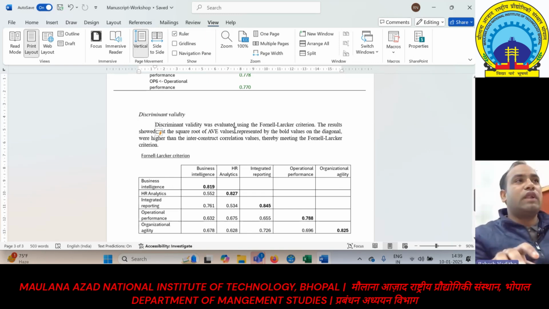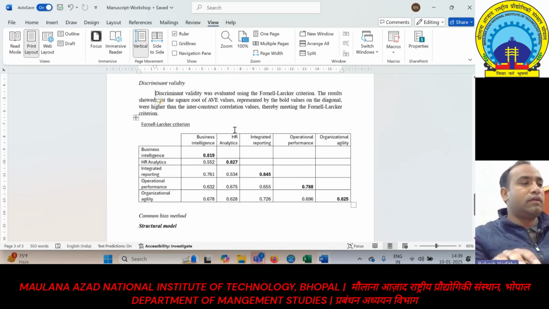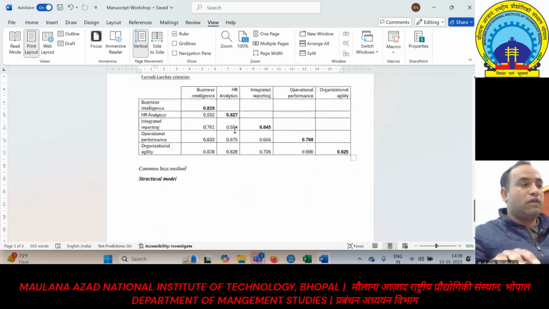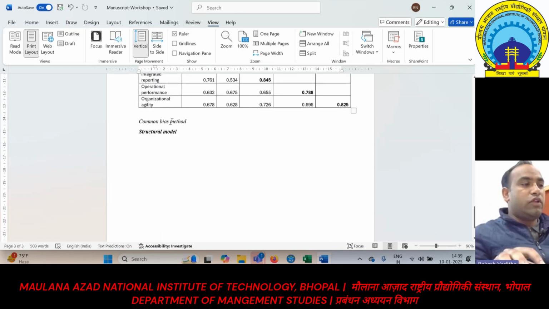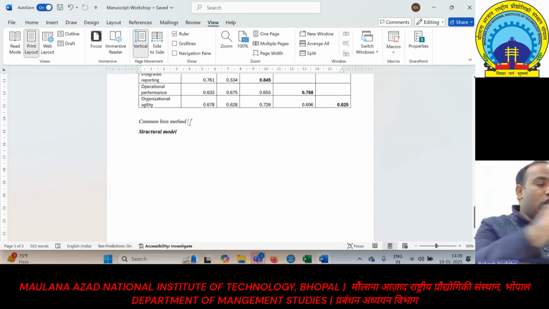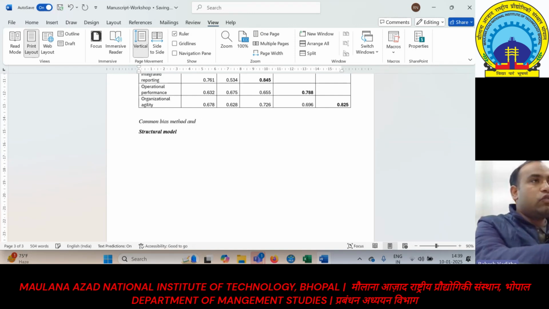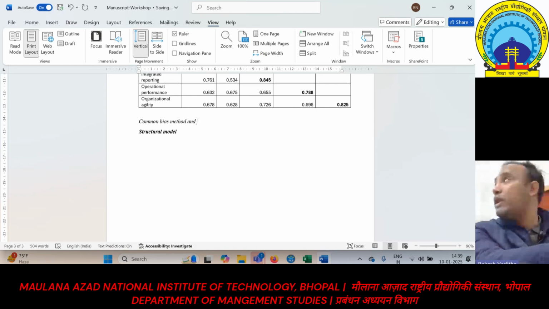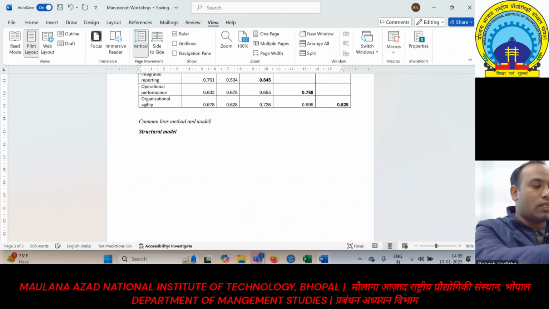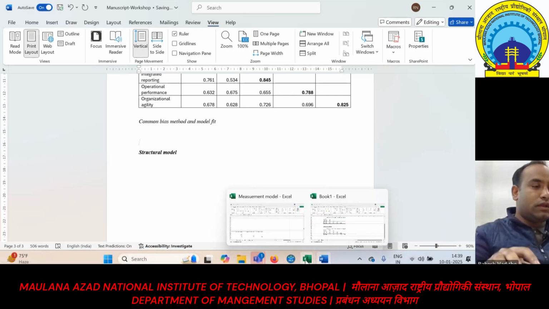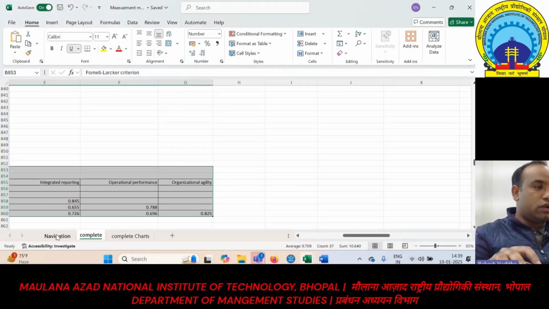I think up to this one, you have followed. Now coming to the common bias method and model fit. Earlier we tested the goodness of fit, but in SmartPLS now it has the option of model fit. Then go to that report.